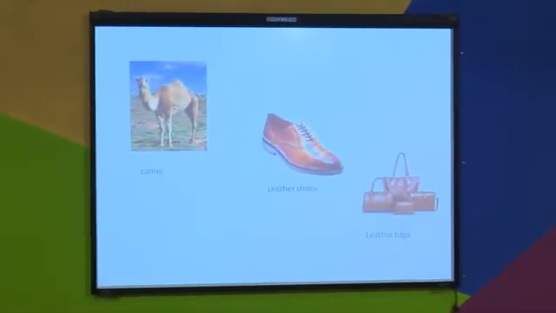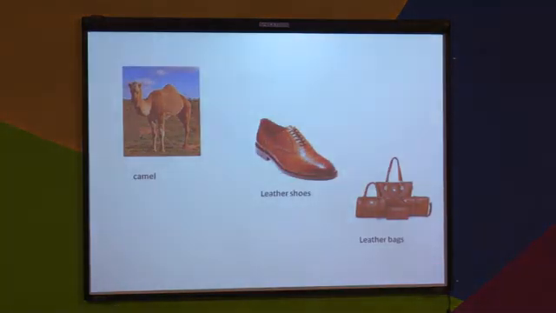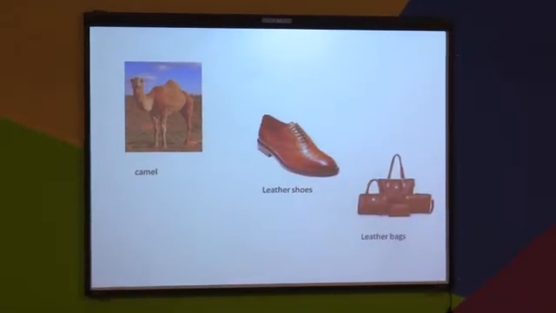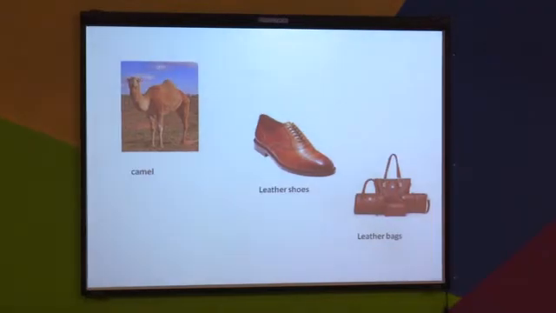Understood? Yes. Now, some animals like camel, cow, zebra, okay, with the help of their skin, we make materials like leather shoes and leather bags. Okay, animals like camel, cow, zebra, their skin we use to make leather items.